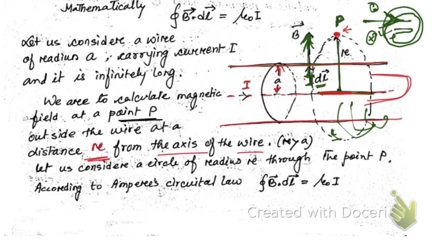So according to Ampere's law, the line integral of B dot dl around this circle, this is called the Amperean circle, must be mu naught times I, according to Ampere's circuit law. So let me go to the next slide.